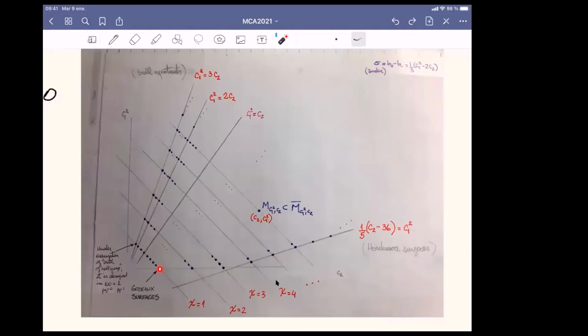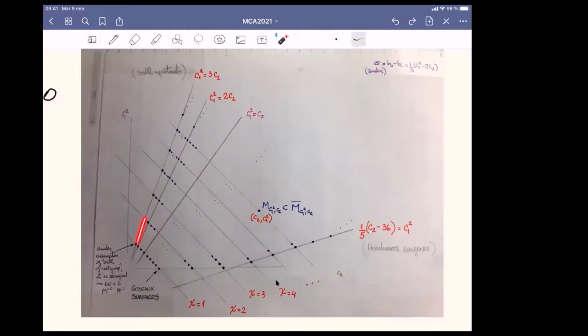Here at this point, even at that point, we don't have a complete picture. These are the Godeaux surfaces. We are missing the picture for simply connected Godeaux surfaces, or torsion 0, because we don't know if they are all simply connected. Even that point is very interesting. Here you have the fake projective planes. And remember, this goes like this always. Simpler to harder.